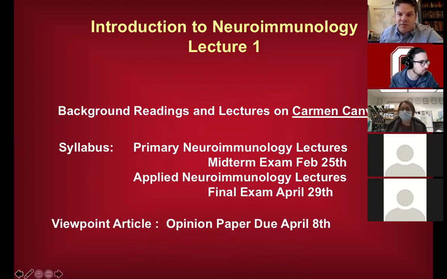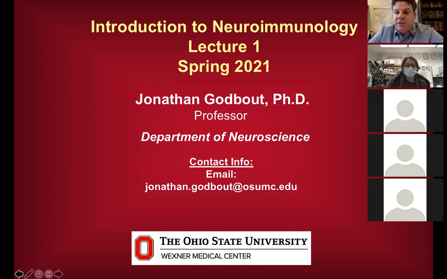So let's get started. This is our first lecture for neuroimmunology, and as I said on Tuesday, there are no textbooks. Everything comes out of the lectures. What I want to do today is give you an overview of some of the concepts that will come out across the class in the basic section and in the applied.